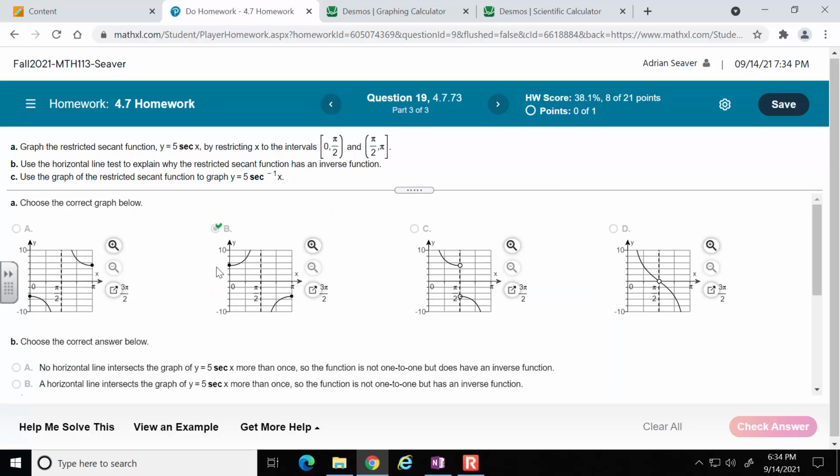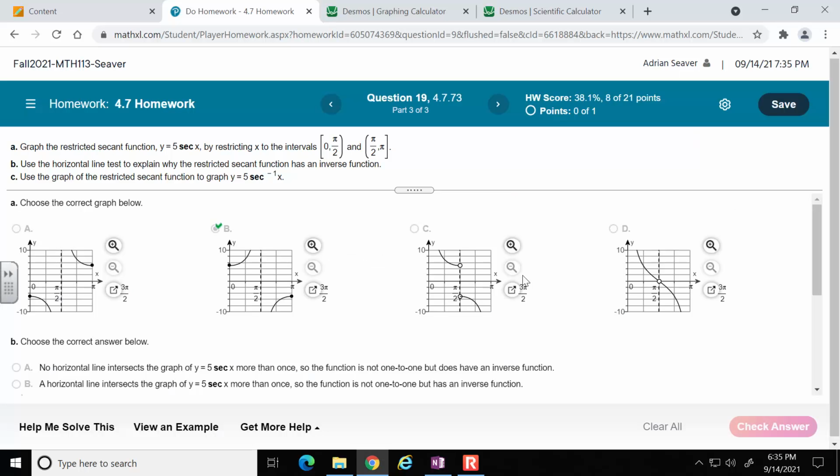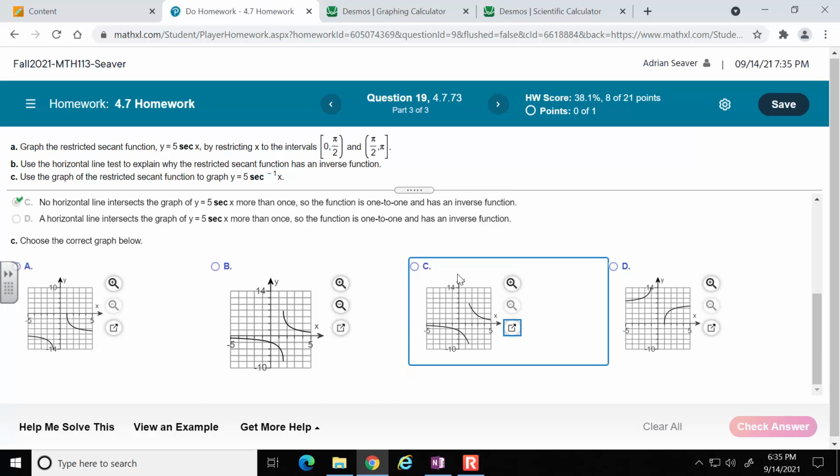I think the issue is that 0, 5 is beyond this pi out here. That's why it's not showing up. Yeah, I'm not sure on this one. This one's kind of got me.